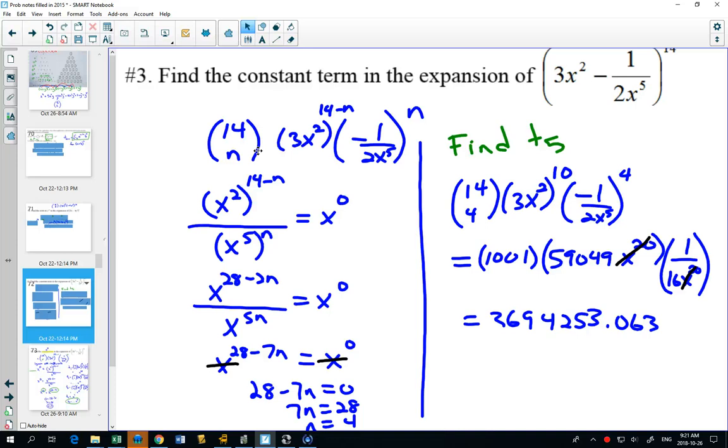Someone type it in? Now I'm curious. It is a decimal. Okay, perfect.